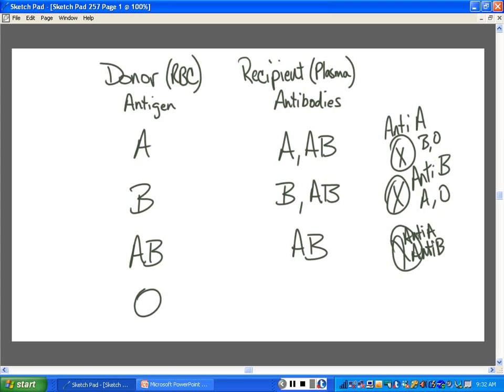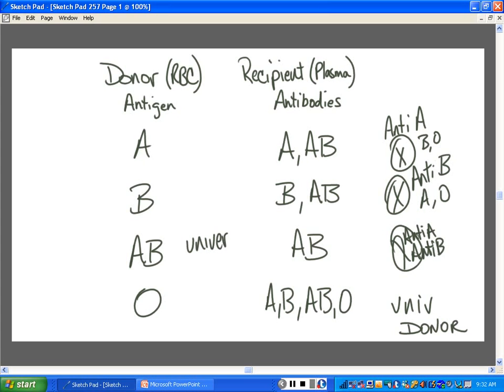Type O is known as the universal what? Correct. The universal donor. So they can give to A, B, AB, and O. Universal donor. I want you to know that type AB is the universal recipient.